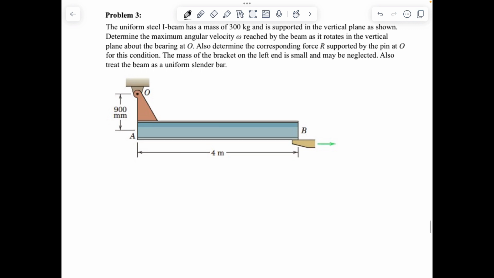First, we should draw the free body diagram of this I-beam. We set this as theta. And here's the gravity center, which is 300 times 9.81 Newton. And this is point O. And reaction force is RT and Rn.